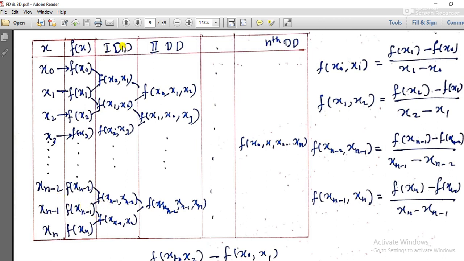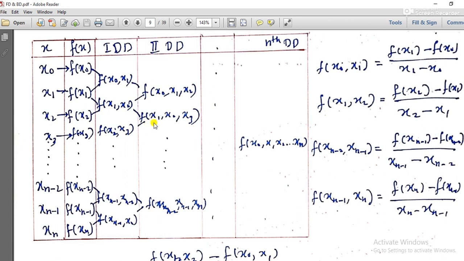So these are the first divided difference values, and similarly the second divided difference values are f of x naught comma x1 comma x2, which is f of x1 comma x2 minus f of x naught comma x1 divided by x2 minus x naught.